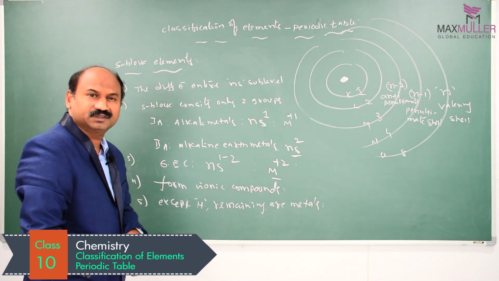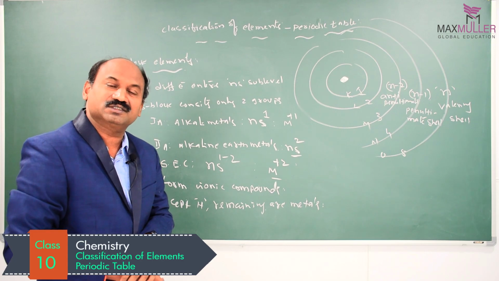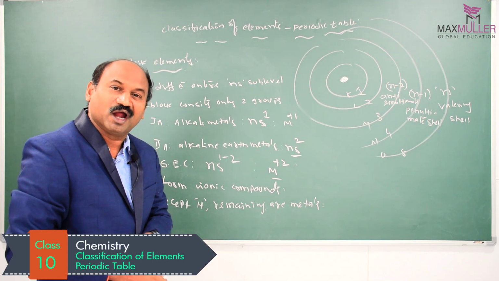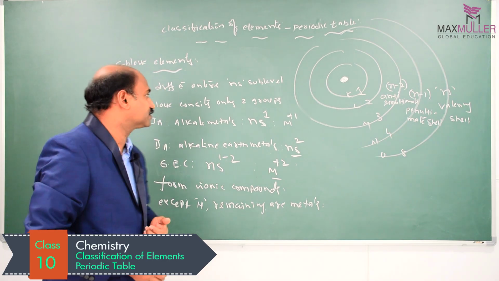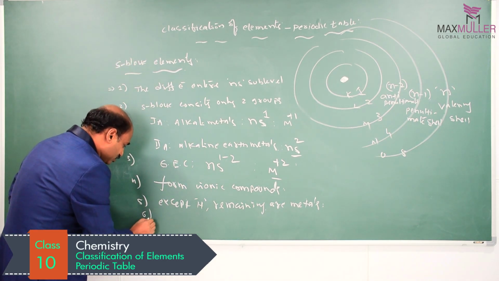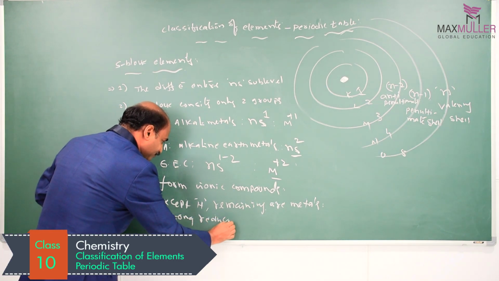Next, since they have a tendency to lose electrons to form cations, these elements are strong reducing agents.